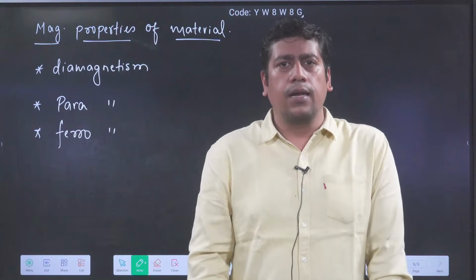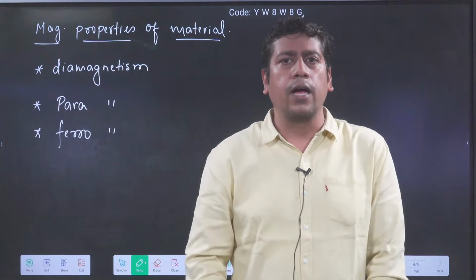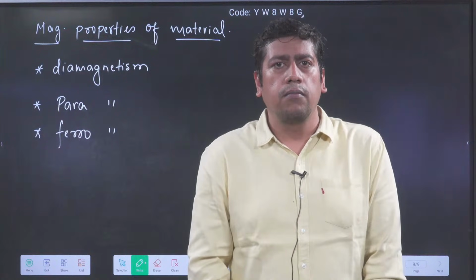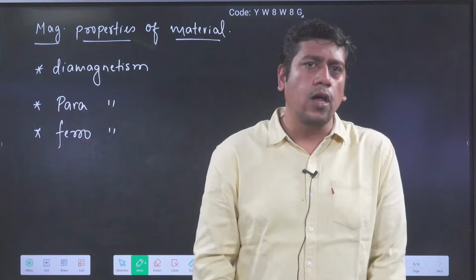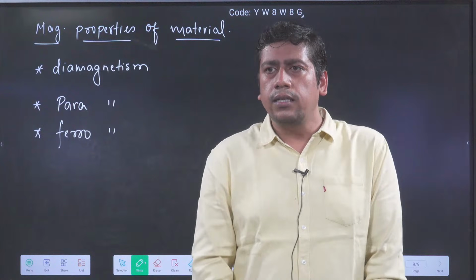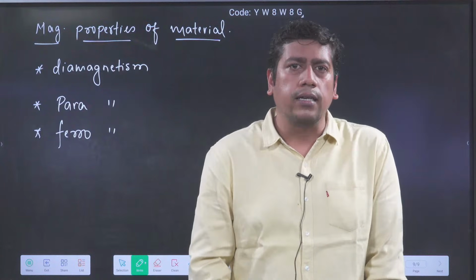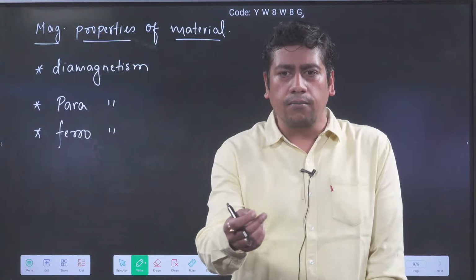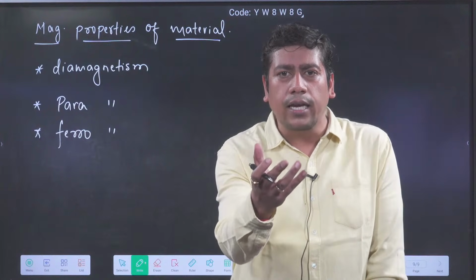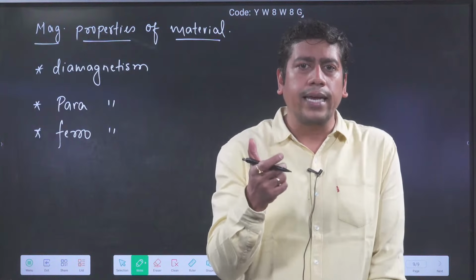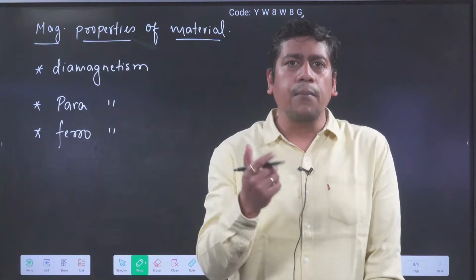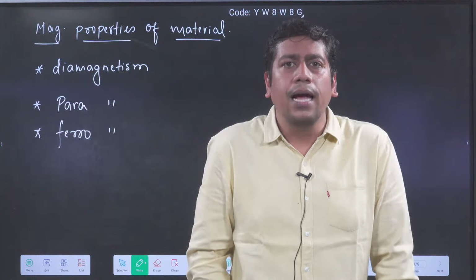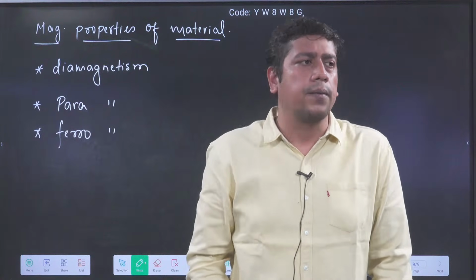You have seen aluminum, copper, water. These are also either paramagnetic or diamagnetic, but since their interaction with a magnet is so weak, we have to do that experiment very carefully. Like, sir, magnet doesn't attract aluminum, magnet doesn't attract or repel copper.